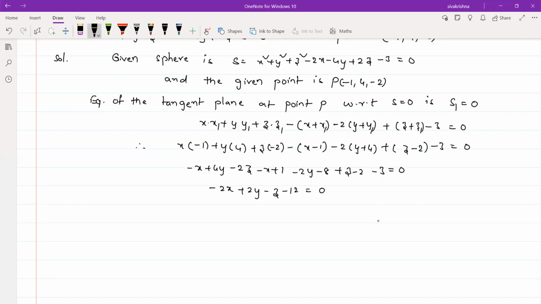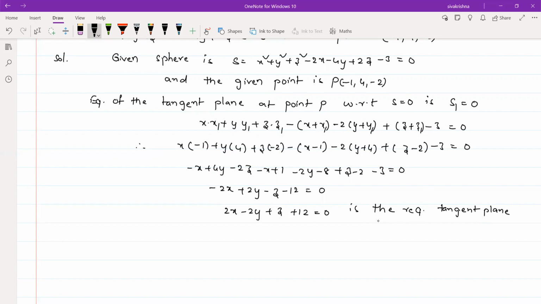If we cancel minus from this equation, we get 2x minus 2y plus z plus 12 is equal to 0. So this is the plane equation. Of course, this is the tangent plane equation corresponding to the given sphere. So this is the required tangent plane.